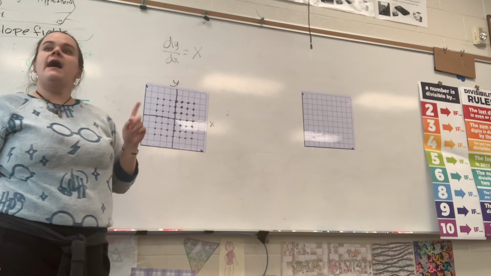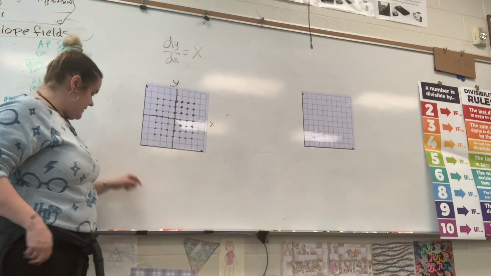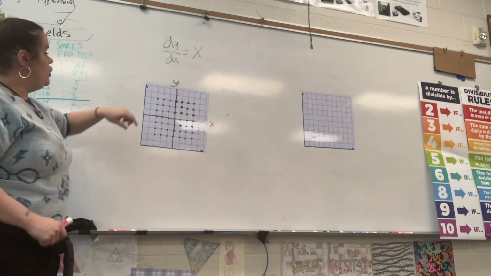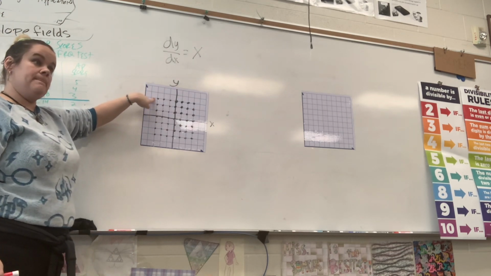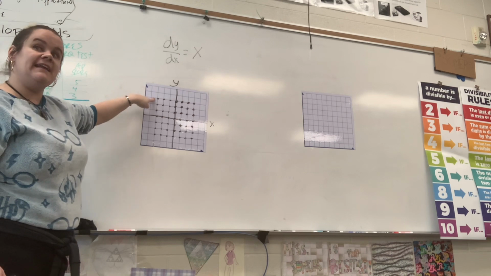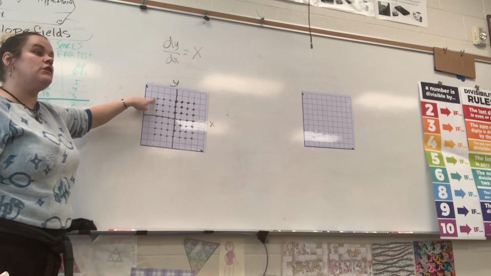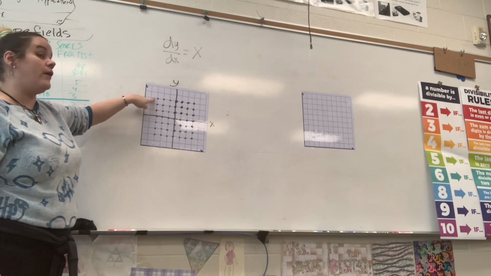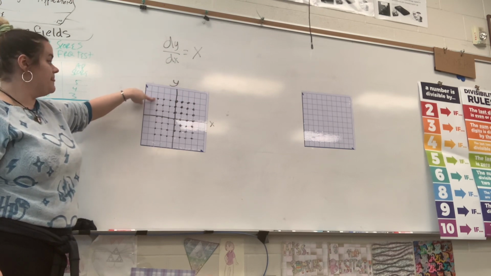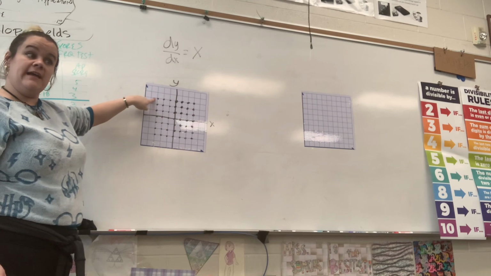Okay. So I have no idea if this graph goes through this coordinate point here at -3, 3. But if it did, what would its slope be? Just x. So what number? -3.